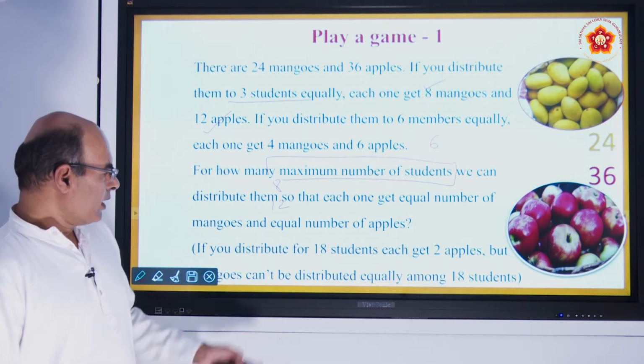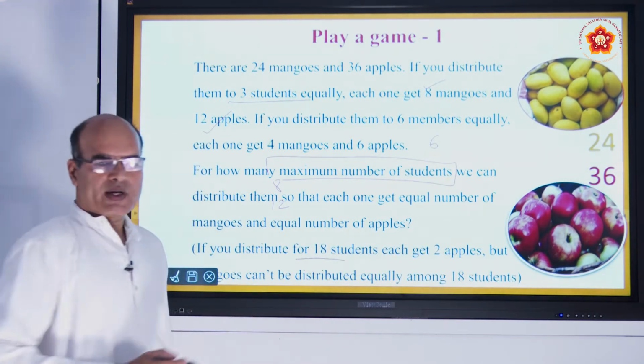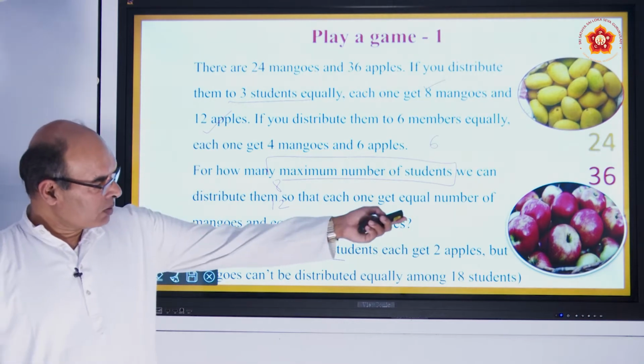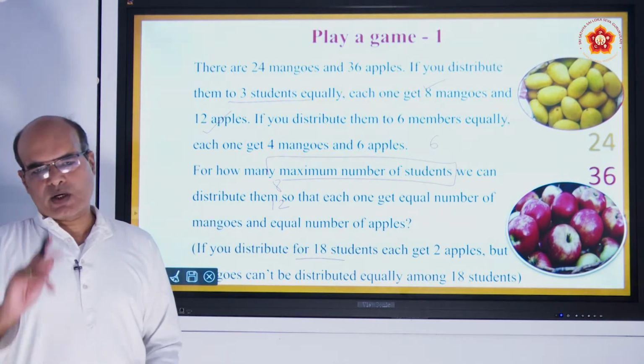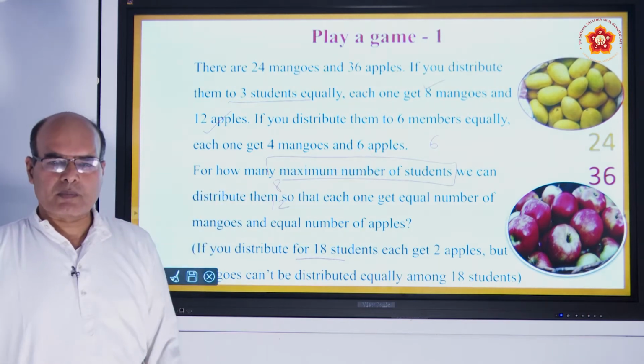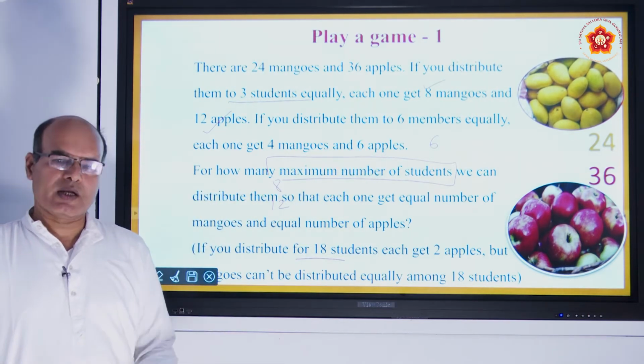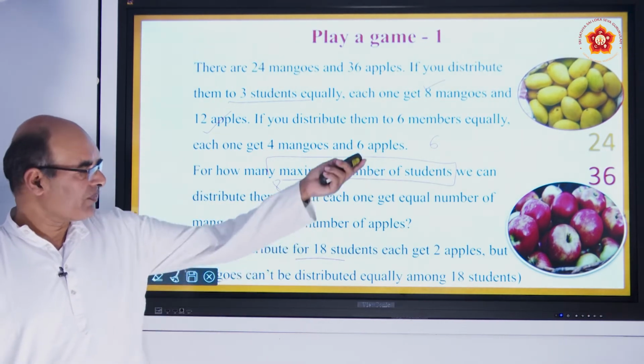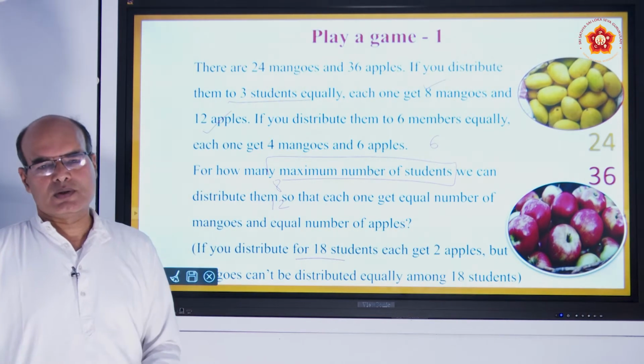Suppose I take 18 students. For 18 students, we can distribute the apples equally. Each one gets 2 apples. But we cannot distribute 24 mangoes to 18 students equally because 18 is not a factor of 24.